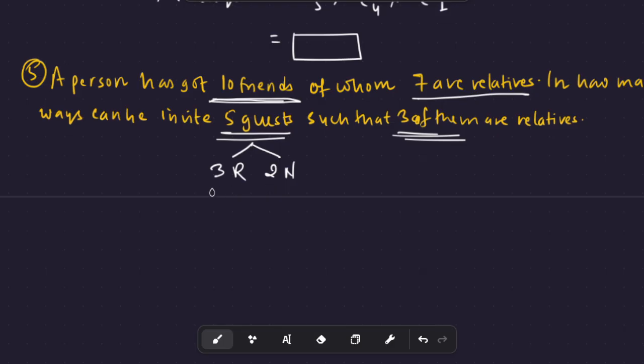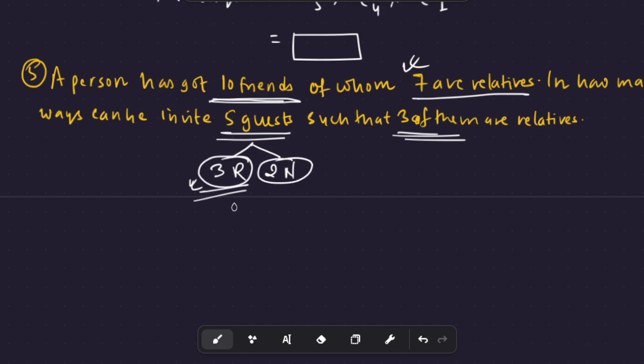Now 3 relatives should be selected from how many? 3 out of 7, right? From these 7 relatives, we need to select 3.